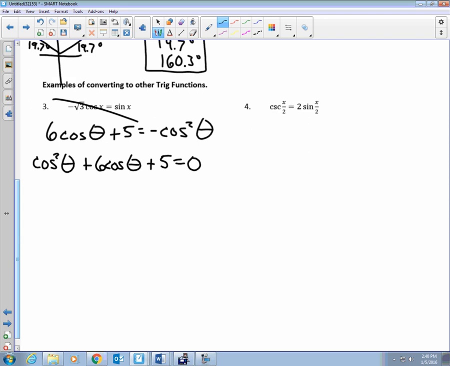Does that factor? What times what is cosine squared? Cosine times cosine. This is just a regular trinomial. What two numbers multiply to positive 5 and add to positive 6?